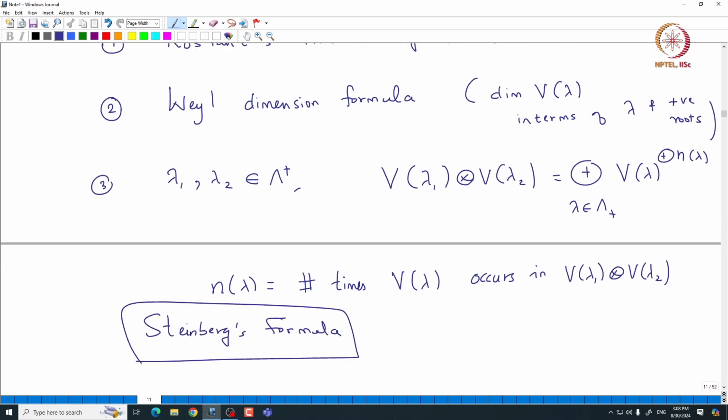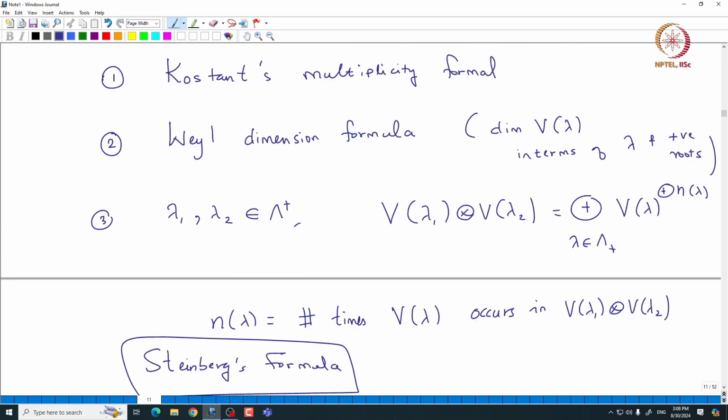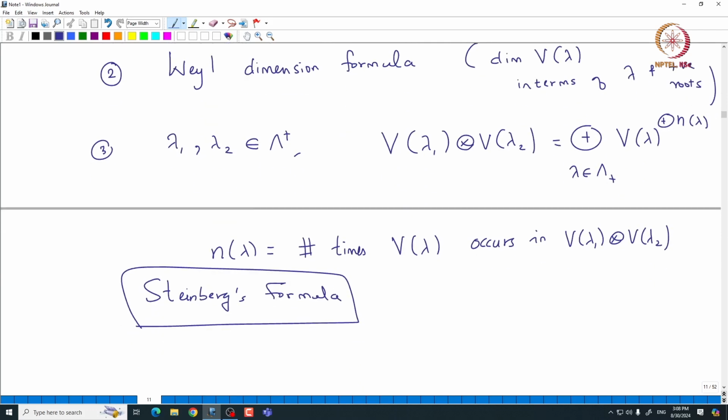At least I will do all these three immediate important applications, and then later I will tell about how to compute the characters of irreducible representations in terms of semi-standard Young tableaux. Given the limited time, I may not be able to prove that, so maybe I will tell you very explicitly how the algorithm works, and then I will state the result.